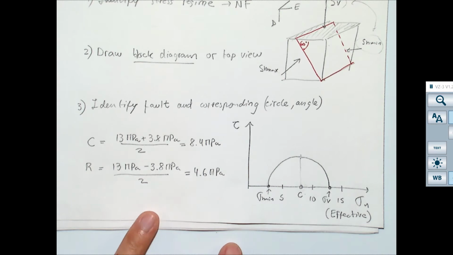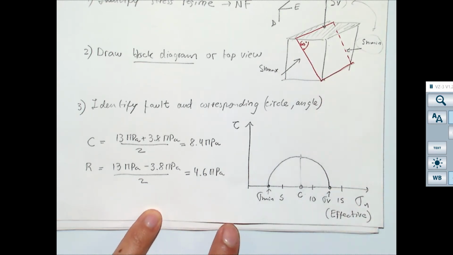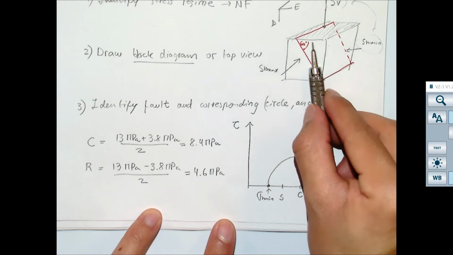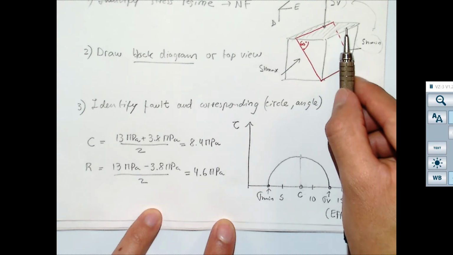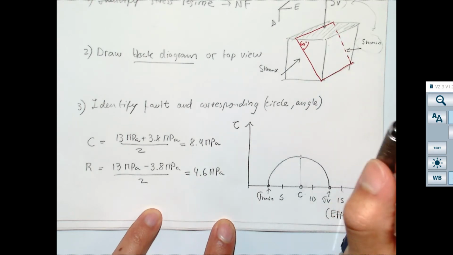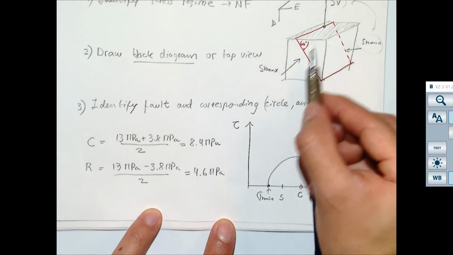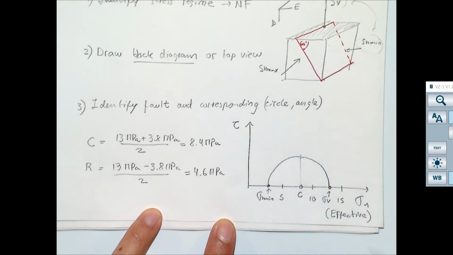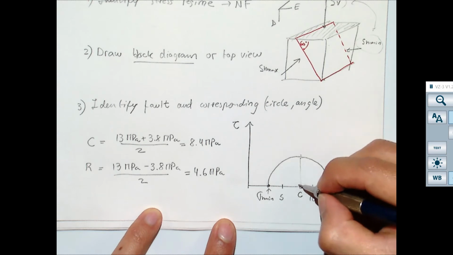Before I draw the radius, I'm going to go ahead and use this angle 60. So for this particular problem, I have to calculate shear stress and normal stress for a plane which is at 60 degrees from the plane of SV. Therefore, when I go to the Mohr circle, since I started measuring the angle from the plane of SV, I have to start measuring the angle also from the point of sigma V. 2 times 60 is going to be 120.